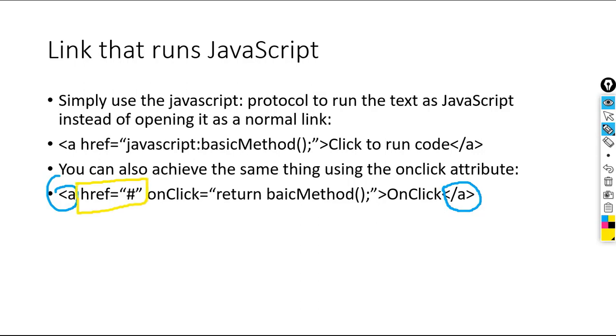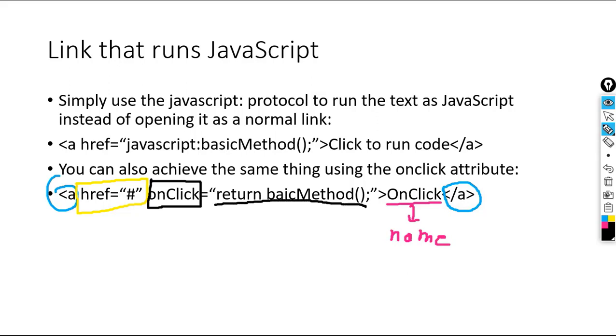In between opening and closing we have the name of the link. And here we have used one attribute, the onClick attribute. What value are we having for this attribute? We are having return basic method and semicolon.